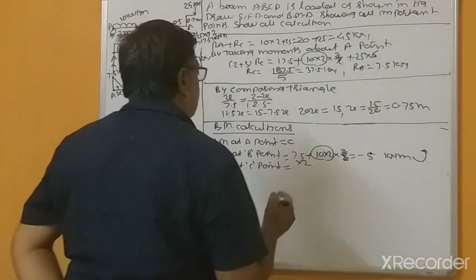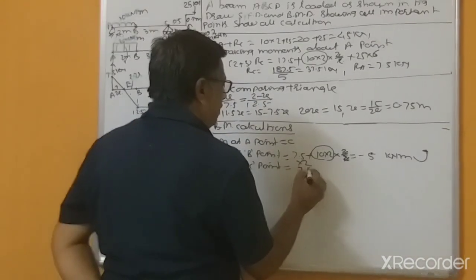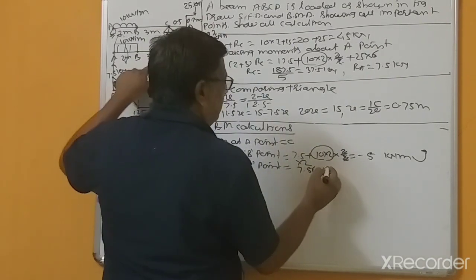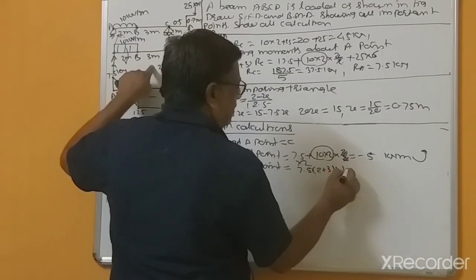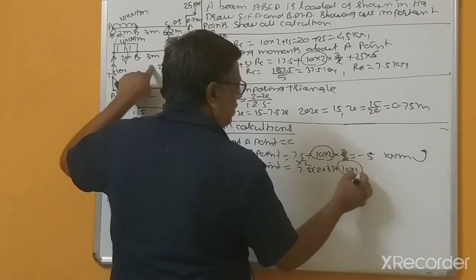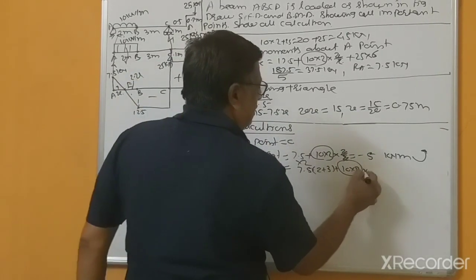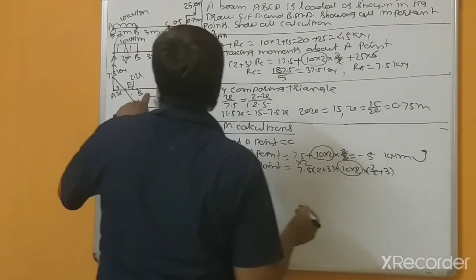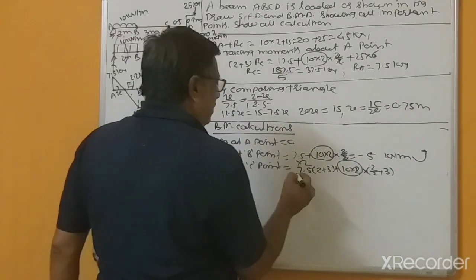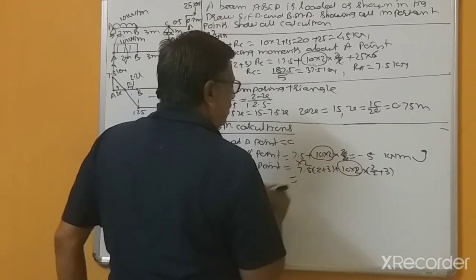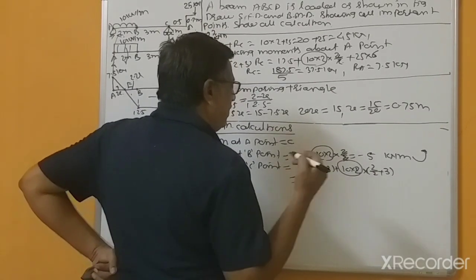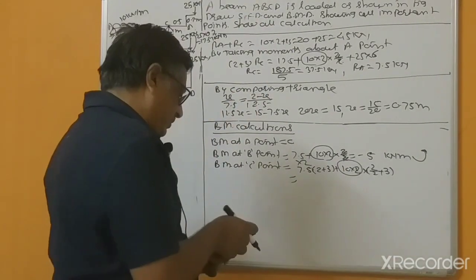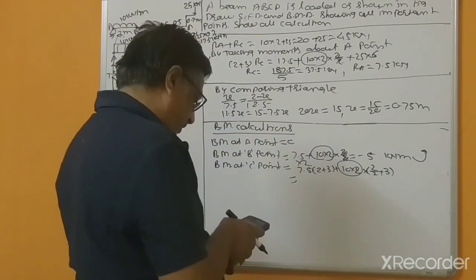Next, 7.5 clockwise moment, distance 2 plus the distance increase of 3 meter, plus 10 into 2, this is the shear force, multiplied by half of its distance plus this distance of 3 meter. 2 plus 3 is 5, 7.5 into 5, 37.5 I think.